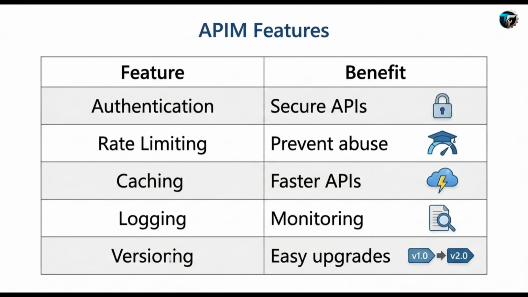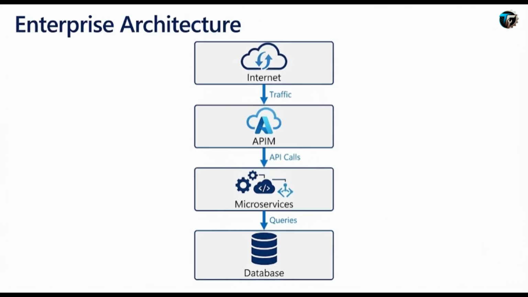Authentication, rate limiting, caching, logging, and versioning. These features make APIM an essential service for enterprise API management. Nearly every modern enterprise architecture places APIM in front of microservices. It provides a single, secure entry point for all APIs.